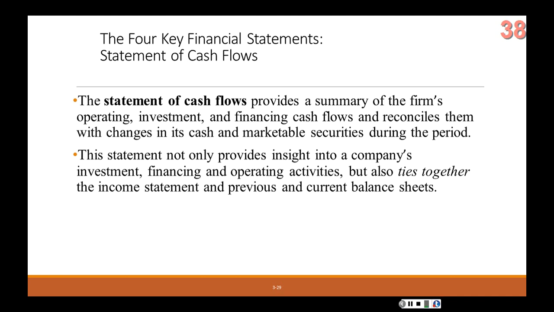So this statement of cash flows is going to ask, where did our cash come from and how did we use it? So we have our sources of cash flow and our uses of cash flow.